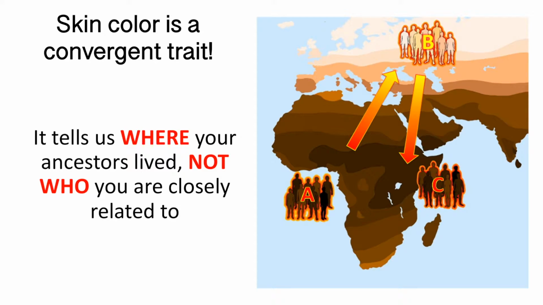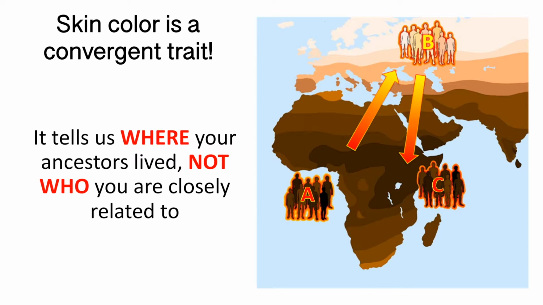So in the picture on the right here, you could imagine that if one population, population A, originally lived near the equator, they'd be receiving high levels of sunlight and darker pigmentation would be favored. However, if that same population moved north, away from the equator, where they were receiving lower levels of sunlight, in as little as 100 generations, remember, this population B, which evolved from population A, could eventually evolve a lighter skin tone.